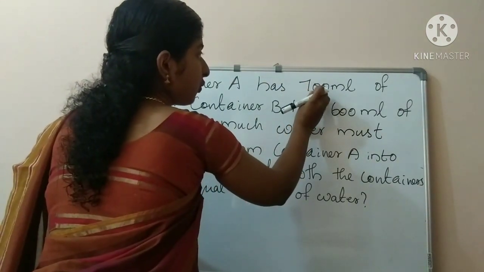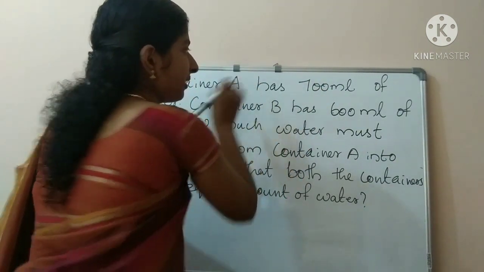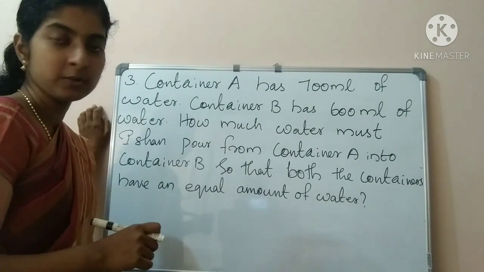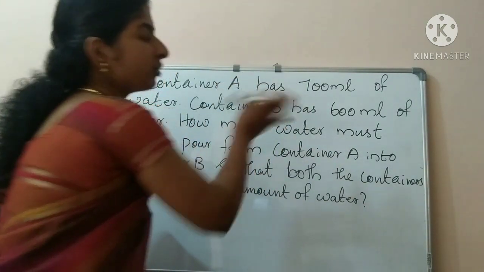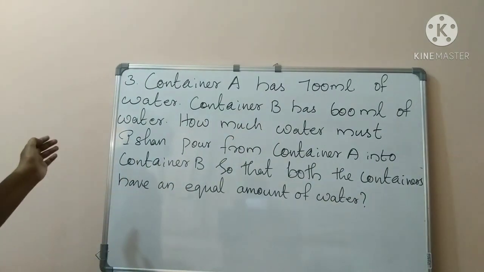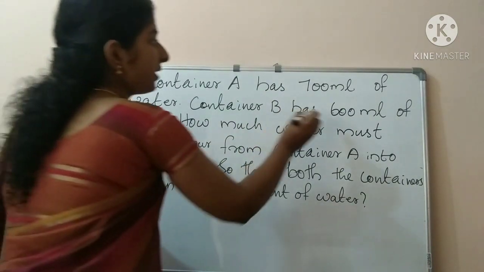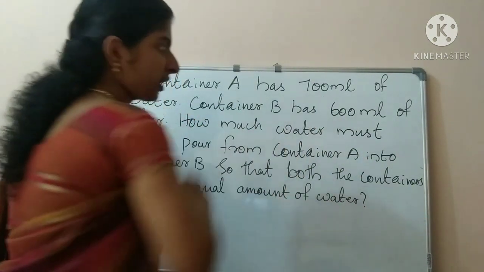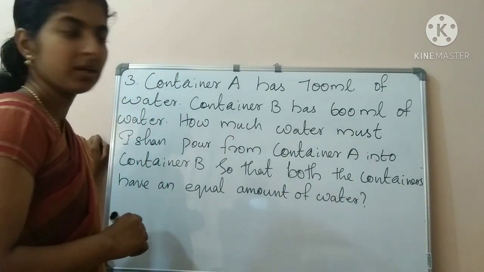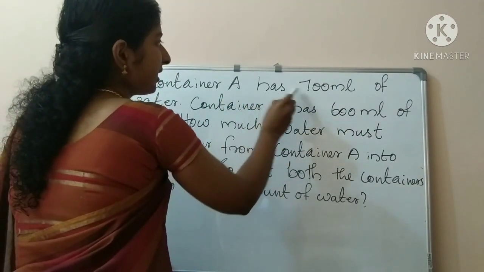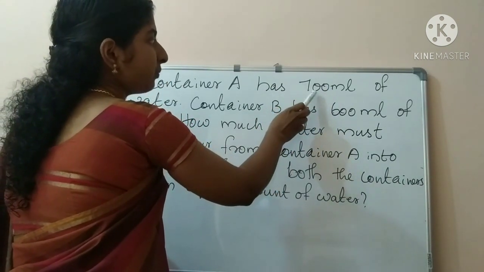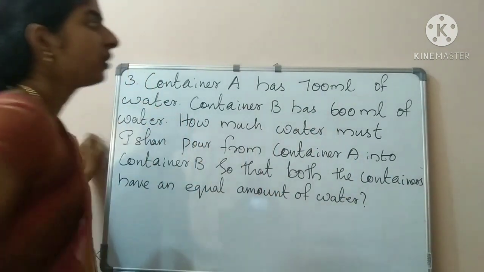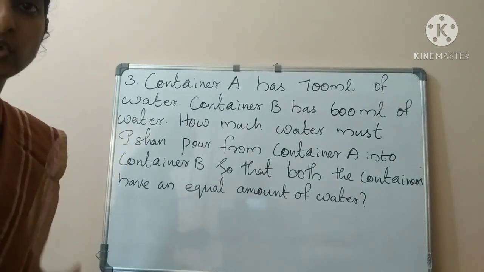From container A, after taking 100 milliliter, both the containers have 600 milliliters of water.